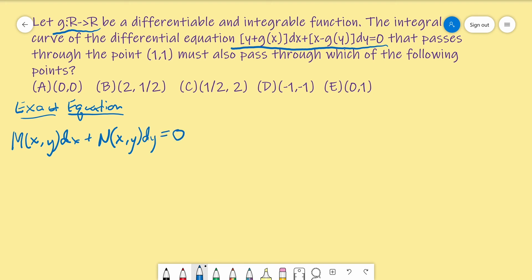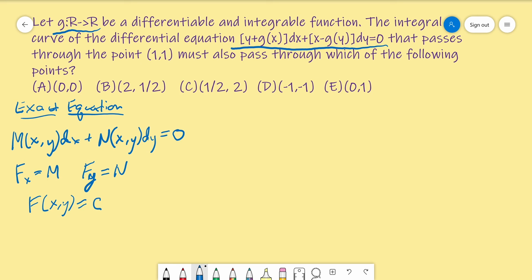And the idea behind an exact equation is that if M is actually the partial derivative of some function f with respect to x, and if N is the derivative with respect to y of that same function, then the solution to the equation is that function equal to some constant.